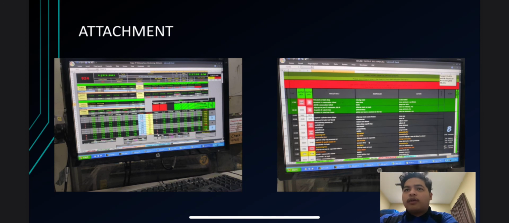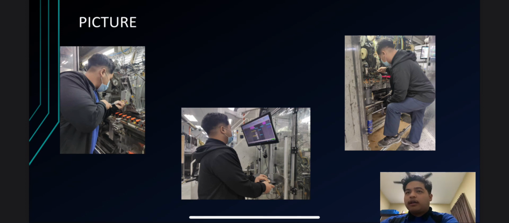So when we don't have 4,000 products, we must write down why the machine is down and has no output. So these are some pictures of me doing the maintenance work on the machine.